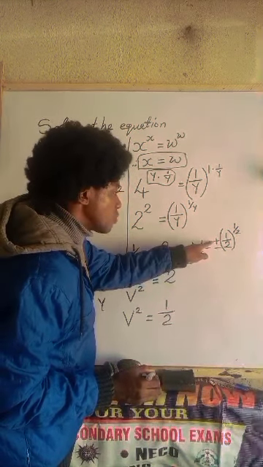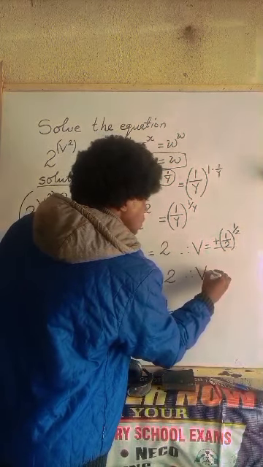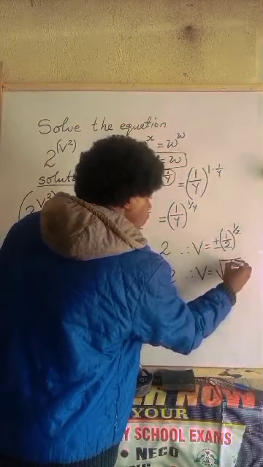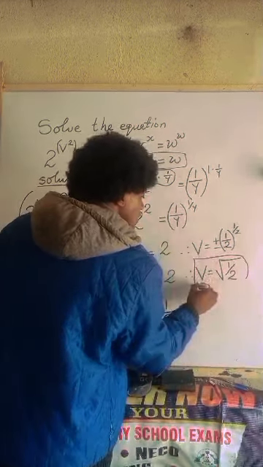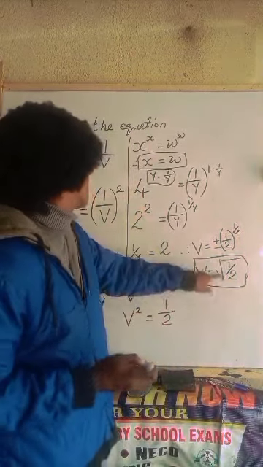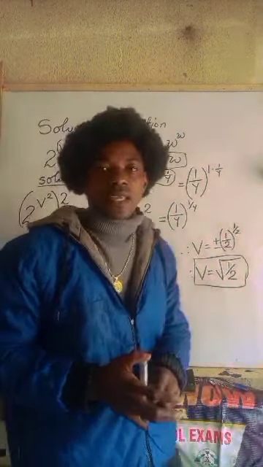The one that will go is the positive. So therefore, v is equal to the square root of 1 over 2. That is the answer. So if you doubt me, you can plug this in here. You will observe that you will arrive at the same answer.